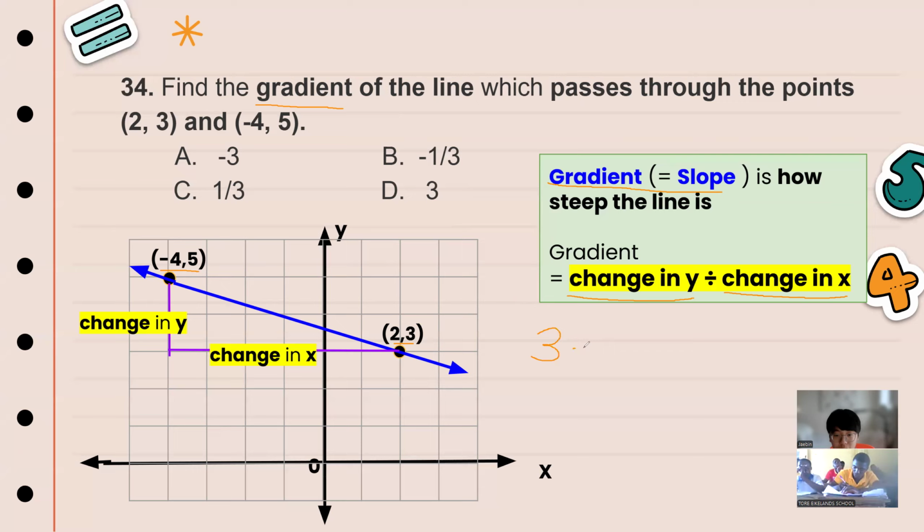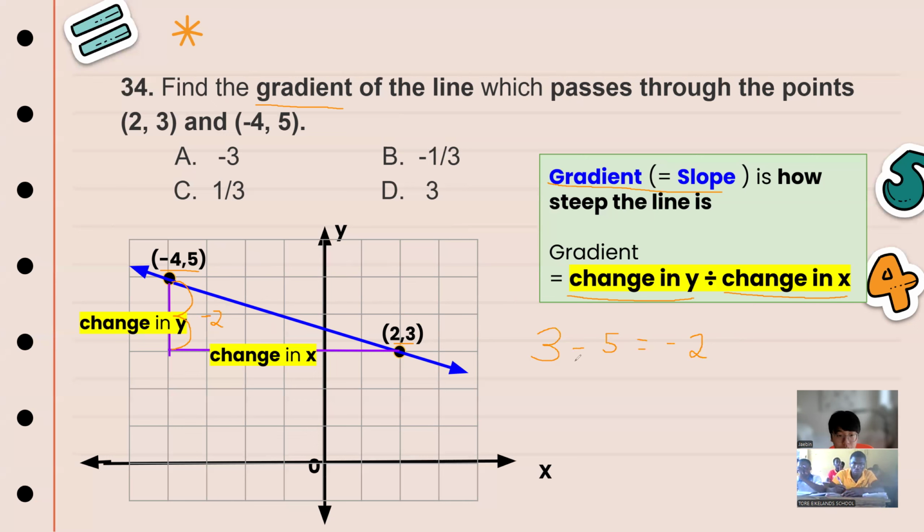So it is 3 minus 5, which is -2, right? -2. That's the change in y. So here you can see this point moved 2 blocks down. This is -2. That's the change in y.